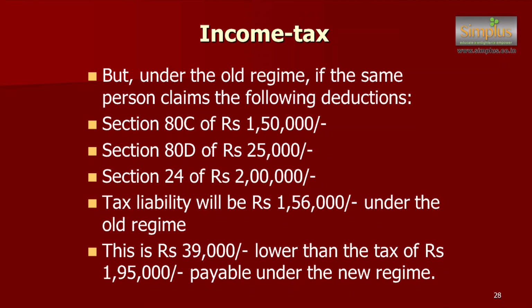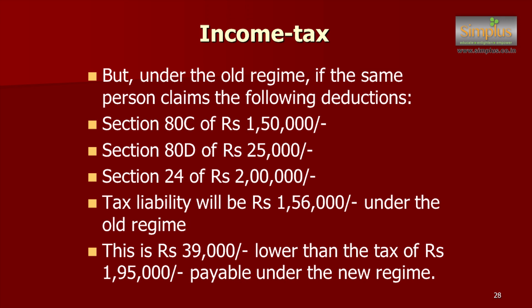But what if I'm claiming exemptions? Let's take a few of those exemptions. Supposing I'm claiming 1.5 lakhs under Section 80C, I'm claiming 25,000 under Section 80D for health insurance, I'm claiming 2 lakhs for interest on housing loan. Now my tax liability will not be 273.